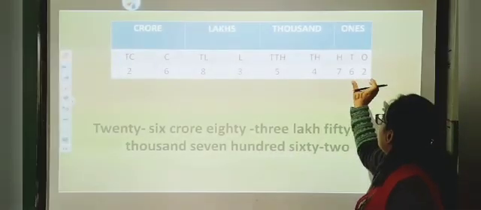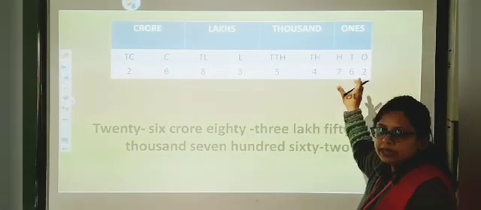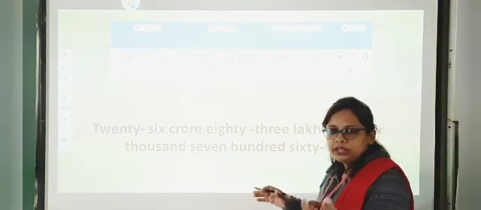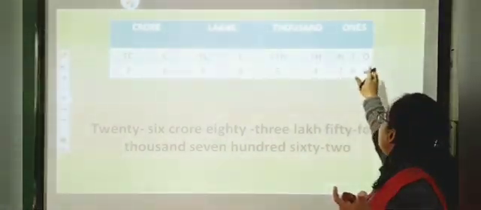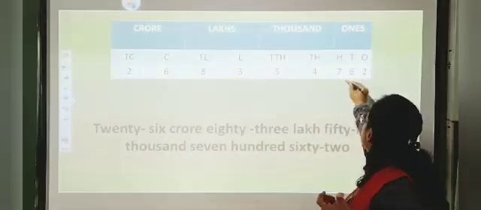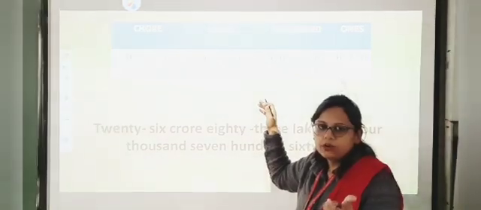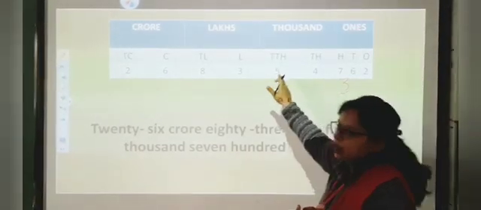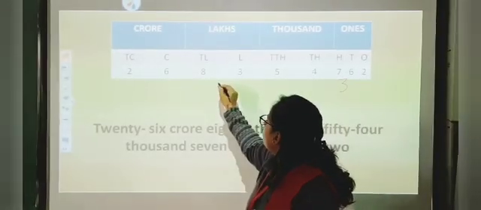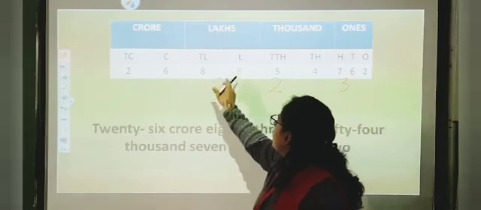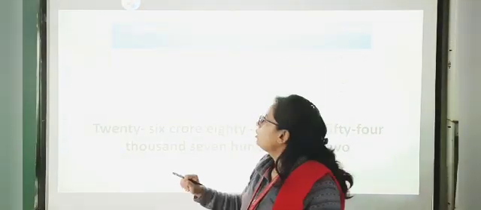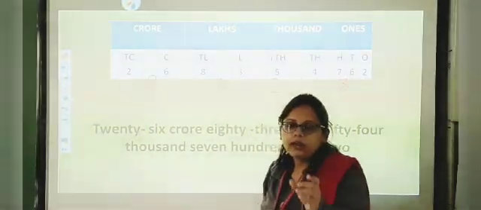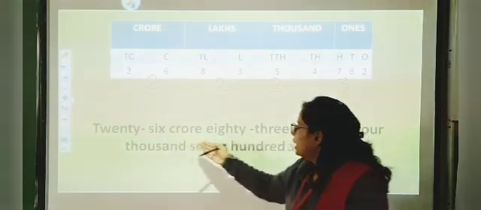In the ones group there are 3 digits, having the places of ones, tens, hundreds. Then the thousand group has 2 digits, and the places are 1000 and 10,000. Then the lakh group also has 2 digits, and the places are lakhs and 10 lakh. Again in the crore group there are 2 digits, having the places of crore and 10 crore. So this is how we can number name it.